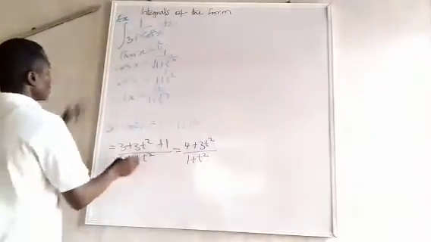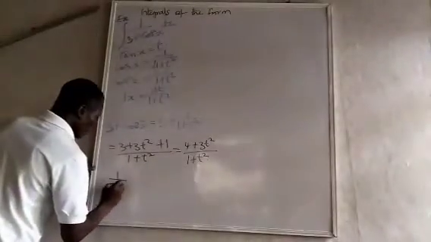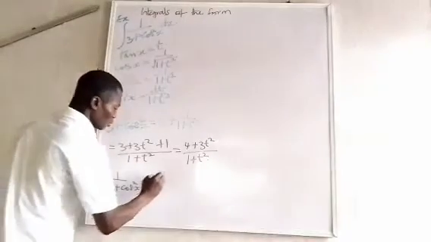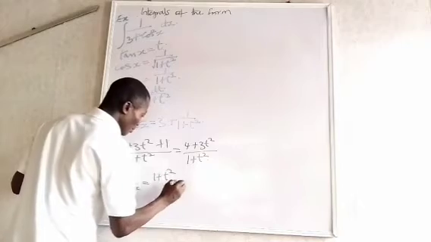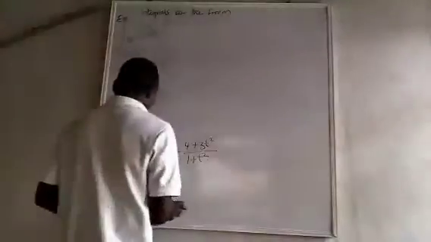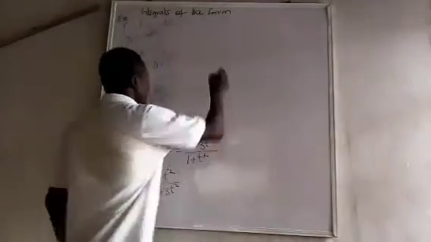Now, we have 1 over 3 plus this. So, therefore, 1 over 3 plus cos square x will be equal to 1 plus t squared over 4 plus 3t squared. Now, we will bring this into this place, and we bring this one to represent this.